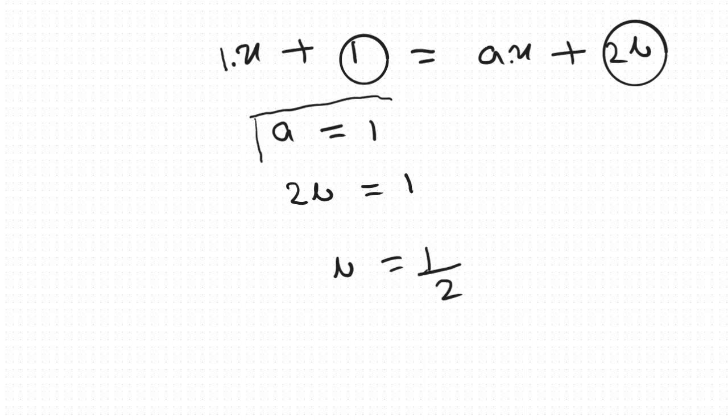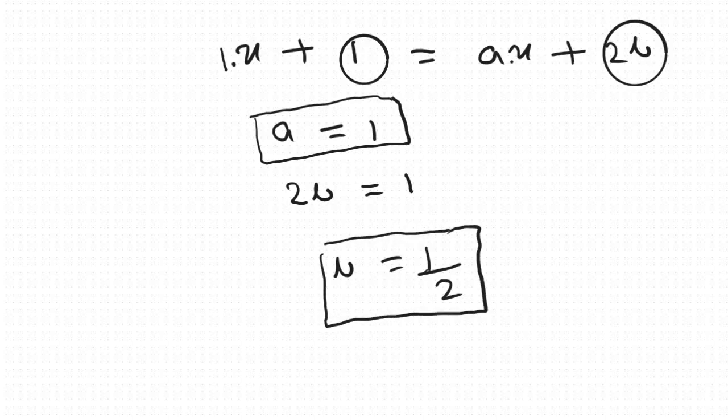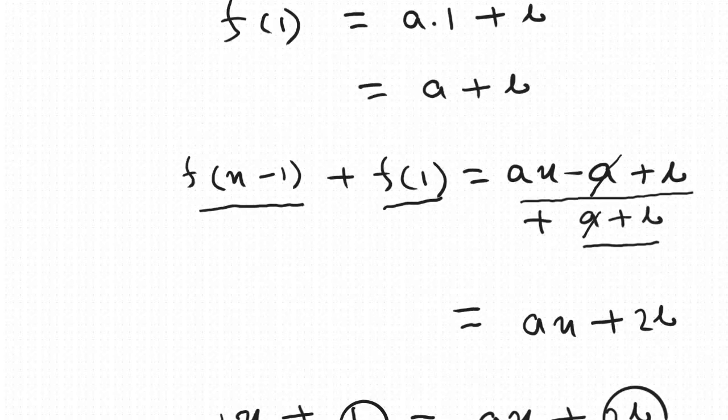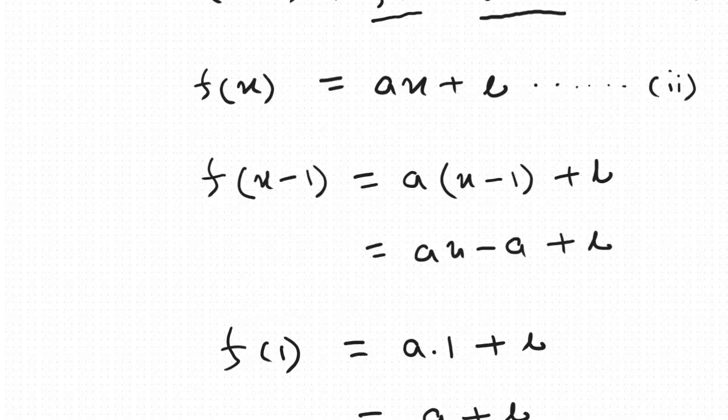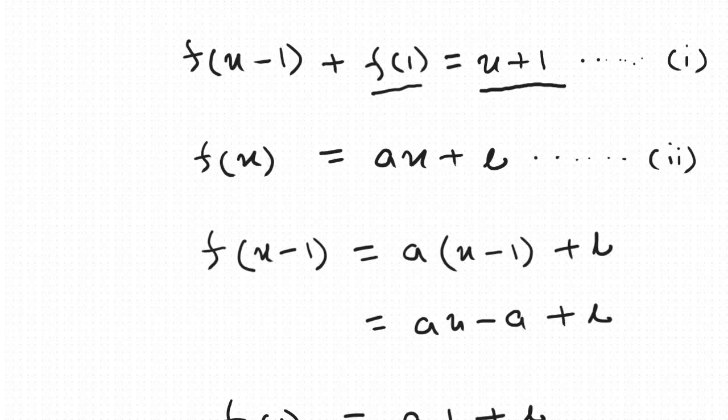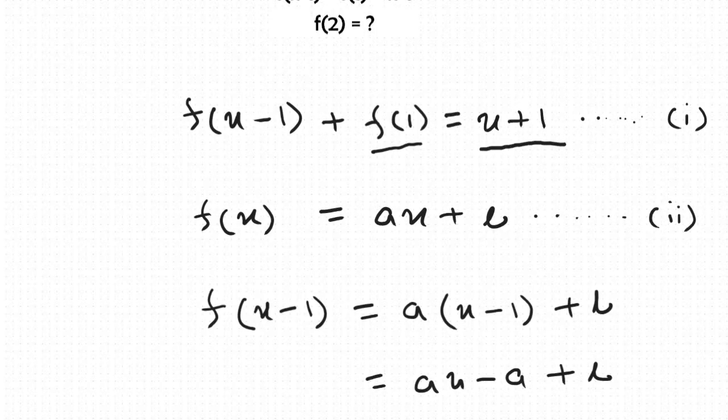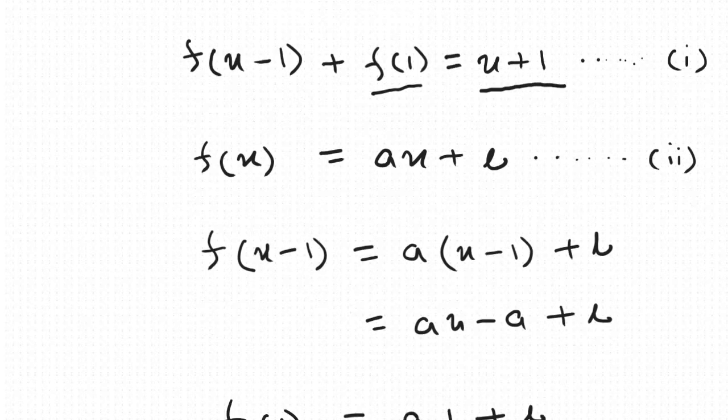So we get a equals 1 and b equals half. So if we put the values of a and b in equation 2, we'll get our desired value of f(2).